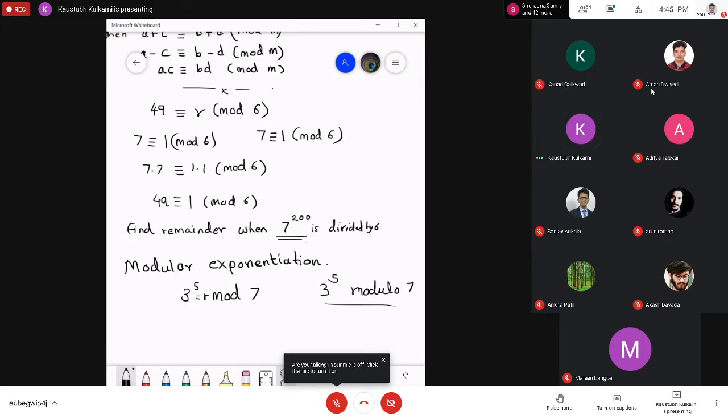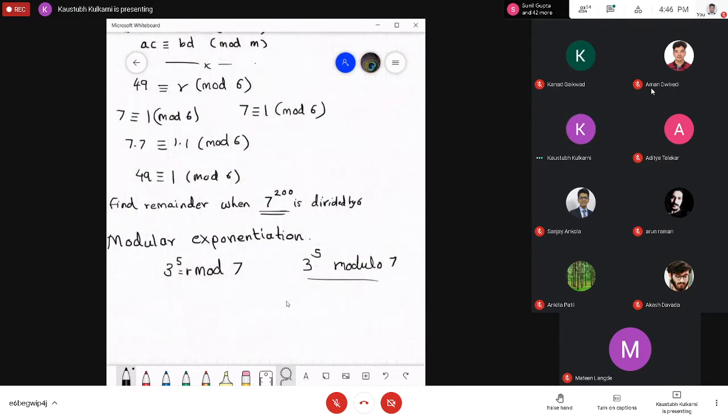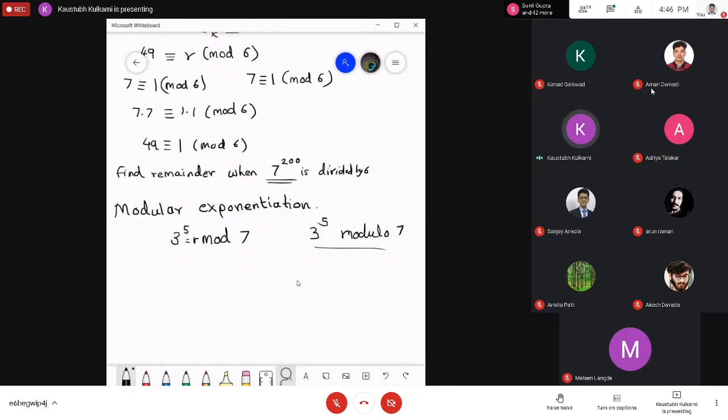Assuming that you will not get any more confused by this, because by this rule, as we said, A is congruent to B mod M, then B is congruent to A mod M. So whatever the answer we find, 3 raised to 5 is congruent to R mod M. We can also turn it around and say that R is congruent to 3 raised to 5 mod 7, by definition of the congruence operation.